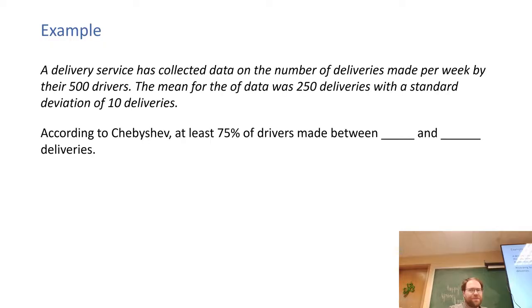Okay, last example for the night. Delivery service has collected data on the number of deliveries made per week for 500 drivers. The mean was 250 and the standard deviation was 10. So according to Chebyshev, at least 75% of drivers fall within how many standard deviations? If it's 75%?